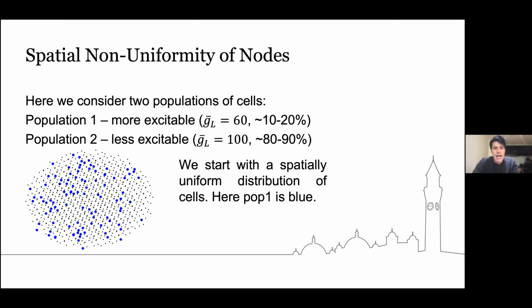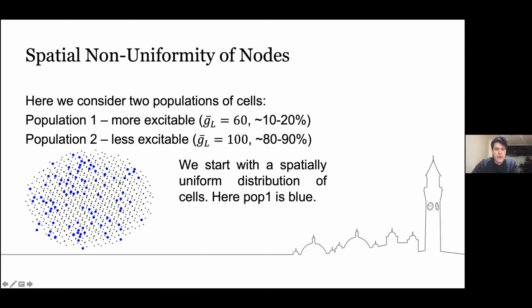So at the levels of network activation that we look at, these are intrinsically active if they don't have gap junction connections, whereas population 2 is less excitable, and within the network activation range that we look at, these would be intrinsically quiescent and make up about 80 to 90% of the islet.